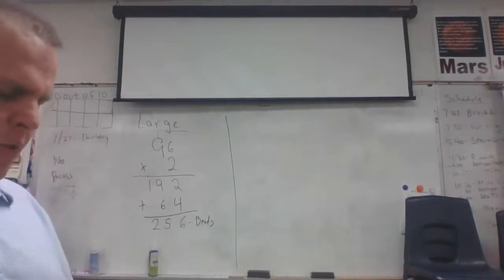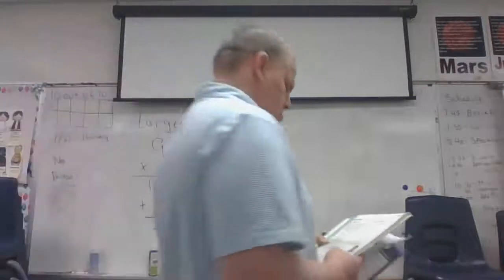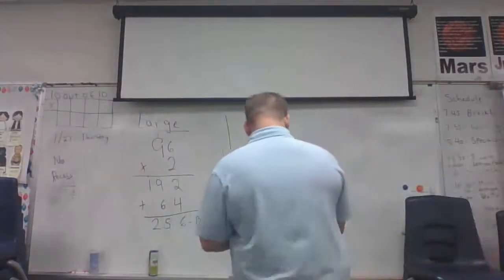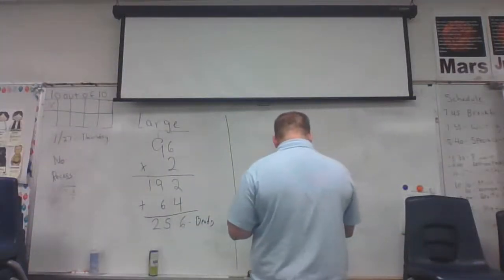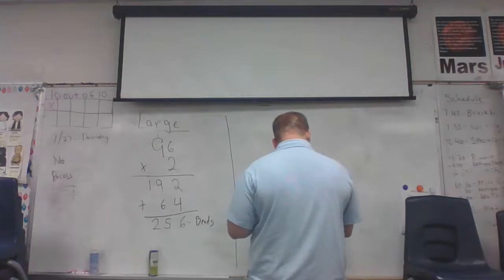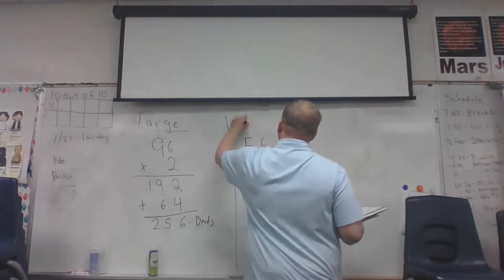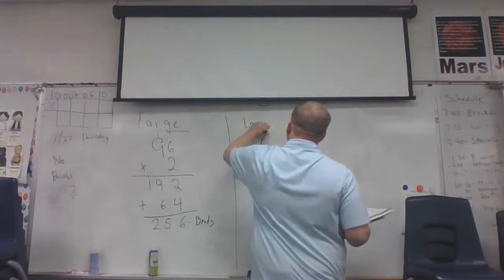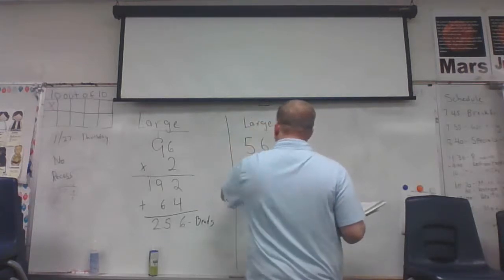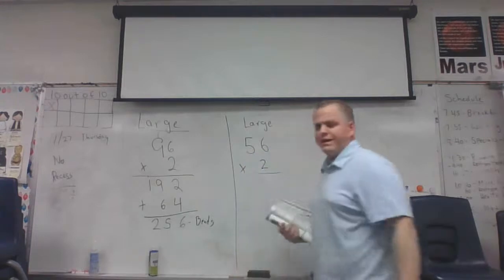You want to multiply them? We can. So now we have to take our 2 packages of large buttons. Large buttons has 56. And we have 2 bags, so we're going to multiply that by 2.